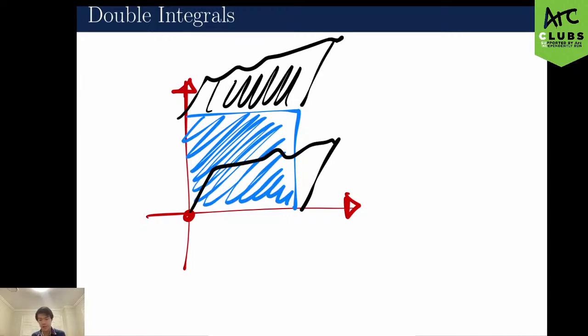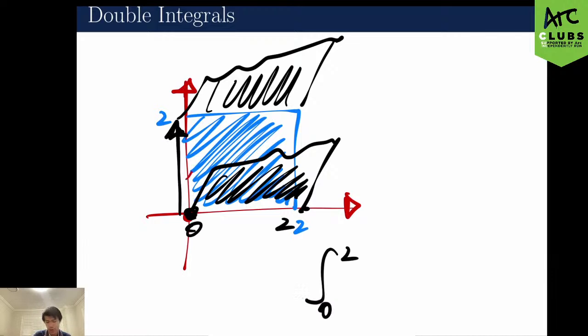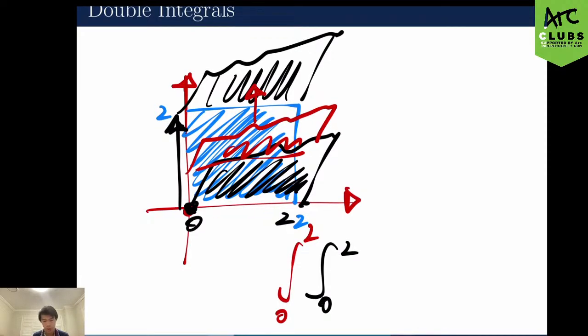What you're basically doing is taking the integral, let's say we're doing this square, you're integrating this integral first, and then you integrate that integral from 0 to 2. It's like you're taking cross sections across this graph, and it keeps on going along. And that's why we have 0, 2, 0, 2.